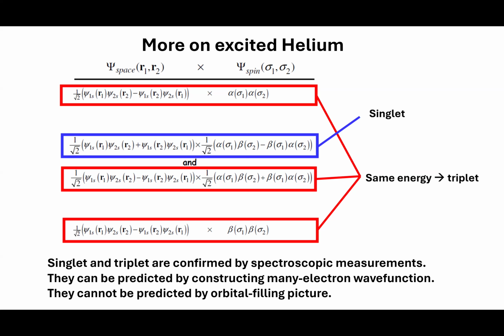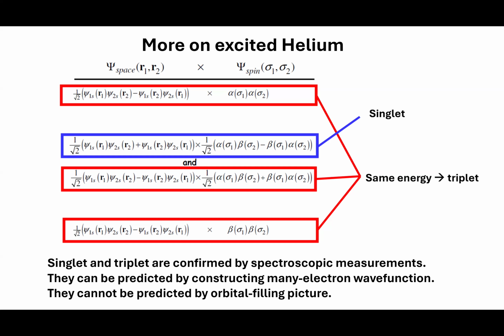And the second wave function, in blue, has its own energy, and that is a singlet. This singlet and triplet is something people can measure in spectroscopy, because when people measure excited helium, they will indeed find a triplet and a singlet, two lines corresponding to the excited state of helium.